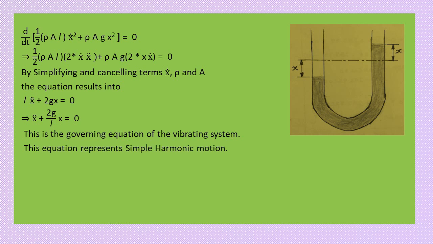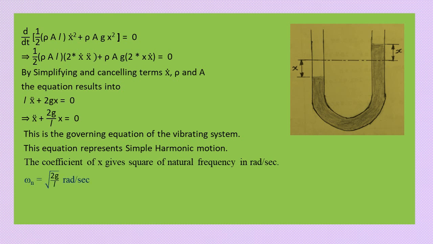This equation represents simple harmonic motion. The coefficient of x gives square of natural frequency in radians per second. Omega n equal to root over 2g by L radians per second. f n equal to 1 by 2 pi root over 2g by L cycles per second.